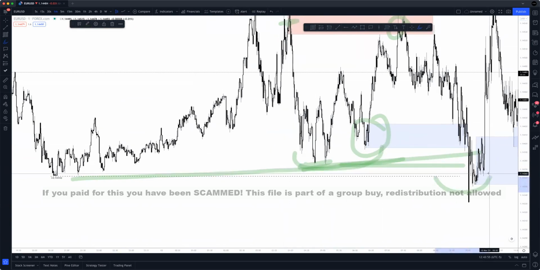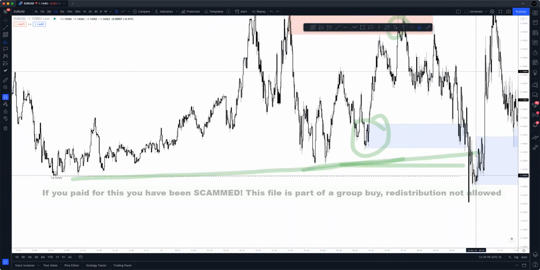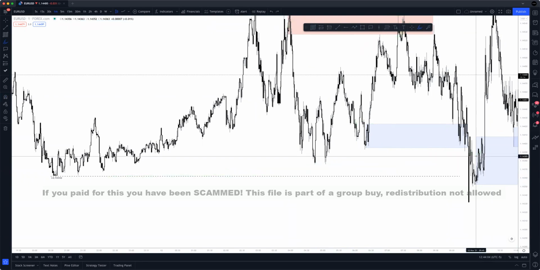You have to be able to zoom out. As soon as you zoom out, even just to the 15-minute, you realize really quickly that we're expecting to put in a new low to take out the last bit of sell side liquidity, right?